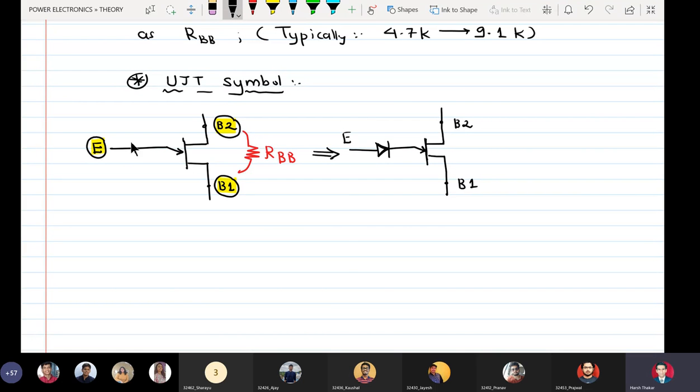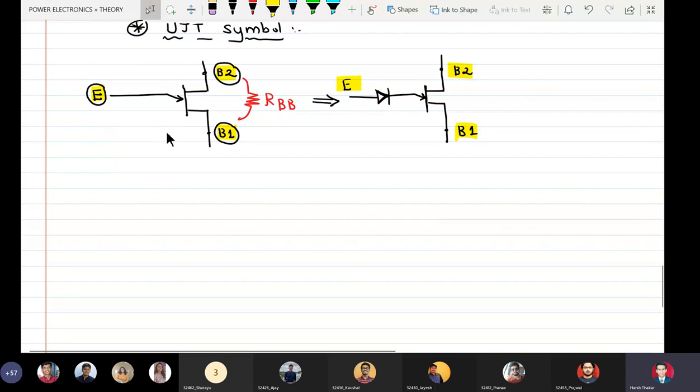This is the diode. And this is my voltage at the emitter, which is going to decide whether my UJT will be on or off. So this particular device has datasheet values: peak point voltage VP, valley point voltage, and the associated currents IP and IV.